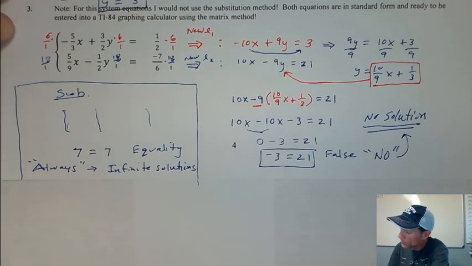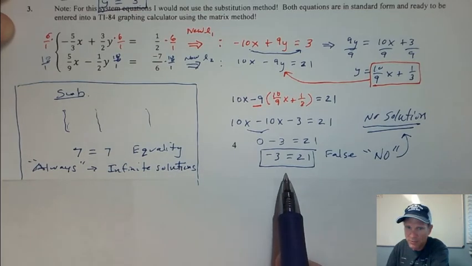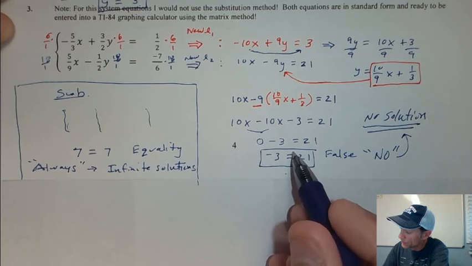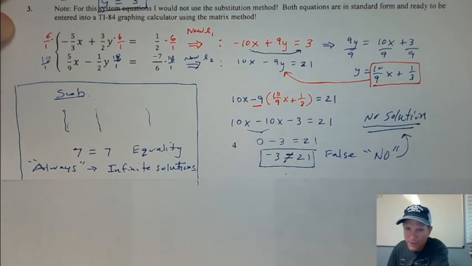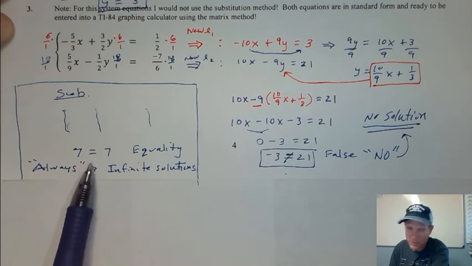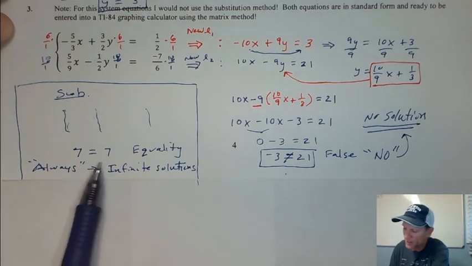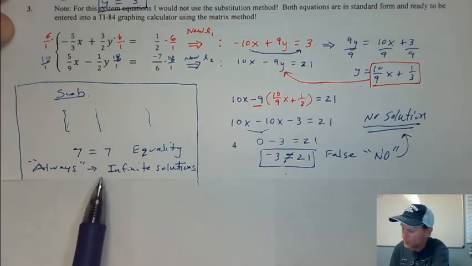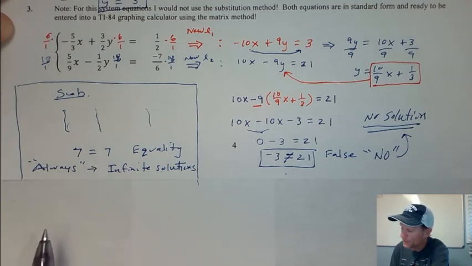All right, so we have this strange case where we get inequality, where these aren't equal to each other, okay? And then we write no solution, and we might get a strange case where we get equality, and it doesn't have to be 7 equals 7. It could be any numbers there, okay?